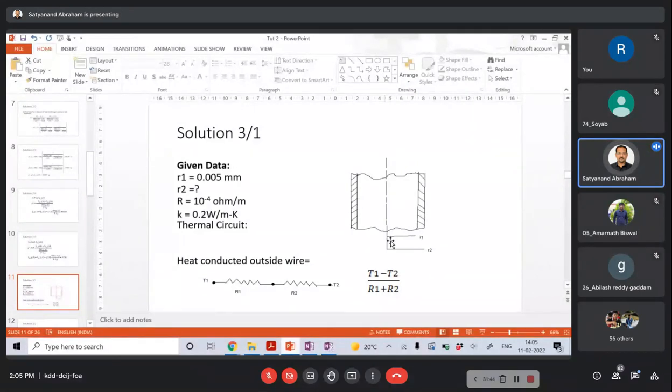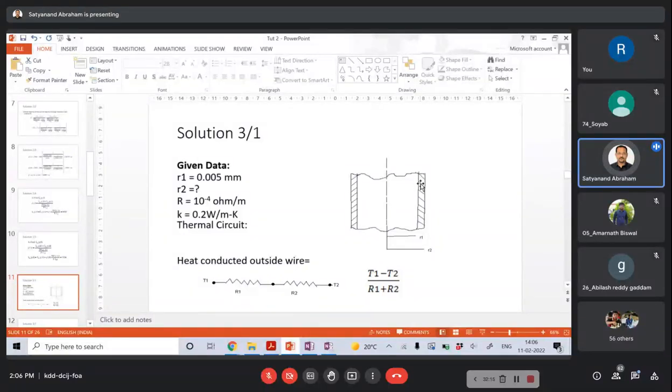Okay, but we need to pass as much current as possible. That means we should make our insulation such that its radius is the critical radius. Therefore the heat transfer from the inner wire to the ambient is going to be the maximum possible.